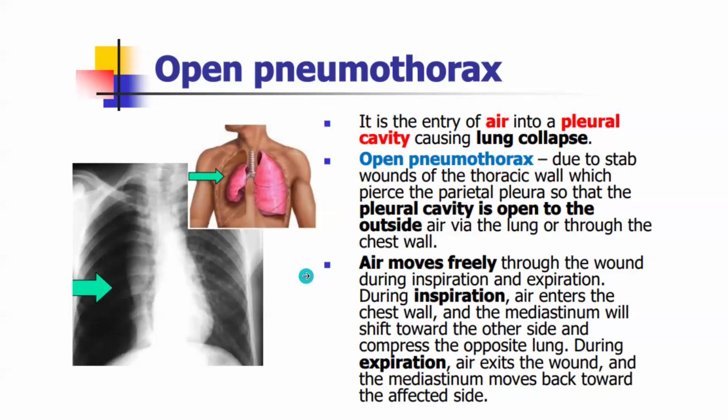As a person with pneumothorax inspires, the lung basically goes and compresses the opposite lung and goes closer to the middle of our body. And as we breathe out, it expands and goes back to the area of the wound.